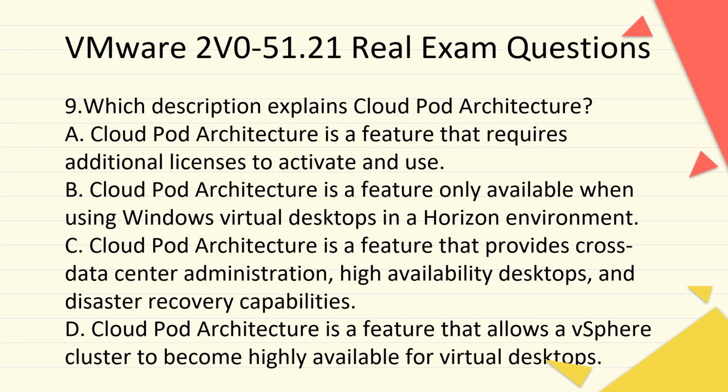C. Cloud Pod architecture is a feature that provides cross-data center administration, high-availability desktops, and disaster recovery capabilities. D. Cloud Pod architecture is a feature that allows a vSphere cluster to become highly available for virtual desktops.